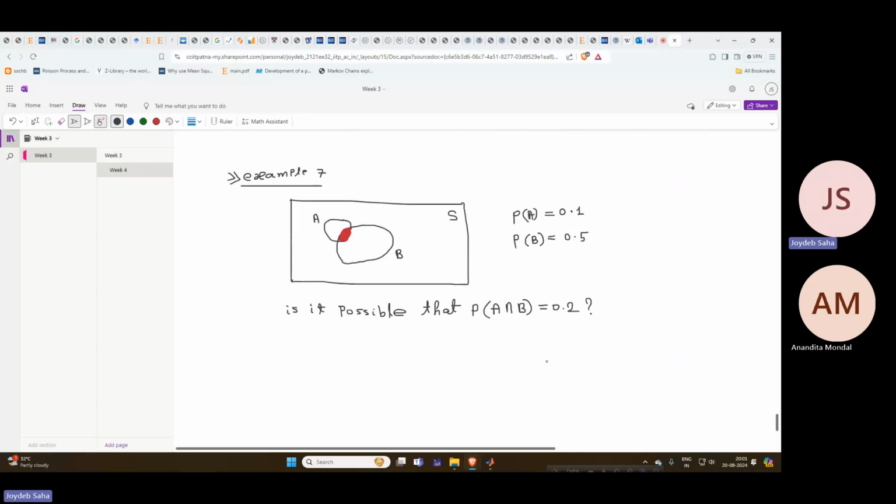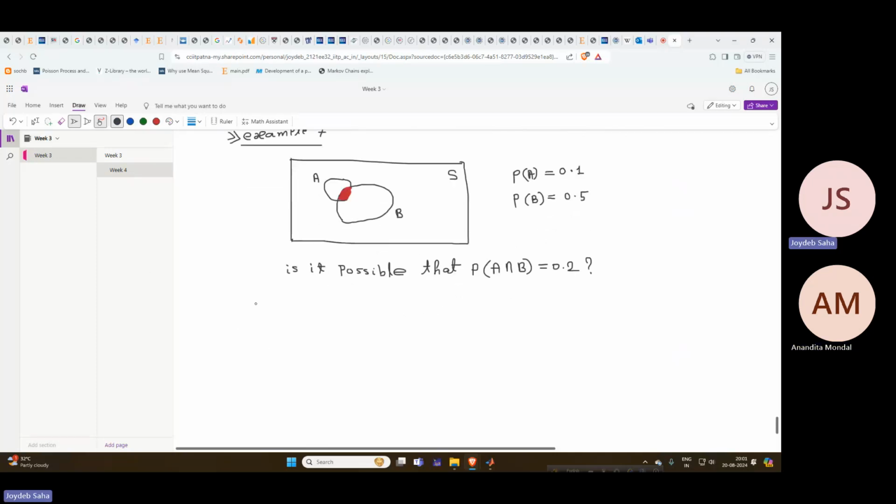So is it practically possible that choosing an element from the whole area is 0.1, but a small part of that area is 0.2? It is not possible, right? You understand? Yes, sir. Okay, so it is not possible.